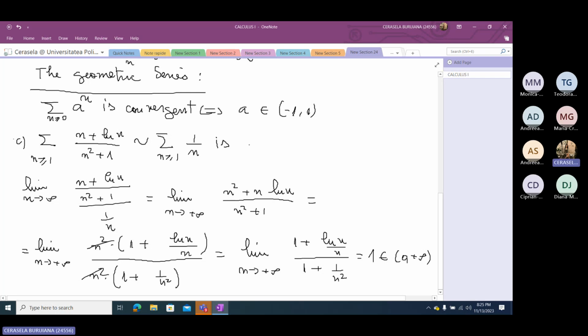One over n is the harmonic series, so it's divergent. Yeah, divergent. Good.